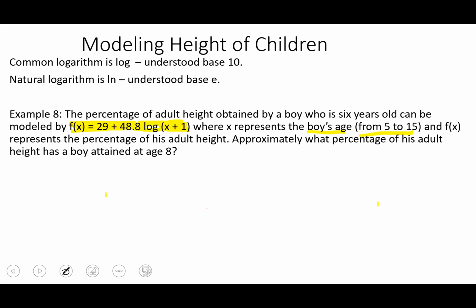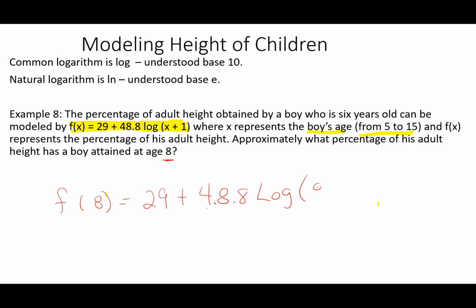What percent of his adult height has a boy obtained at age 8? So you're looking for f of 8. And all you're doing is plugging in an 8 in place of the x. Okay?